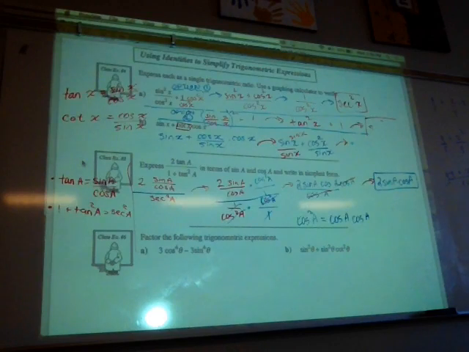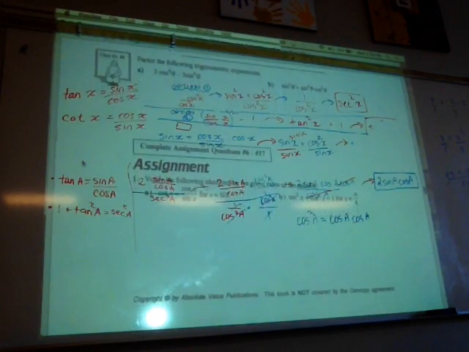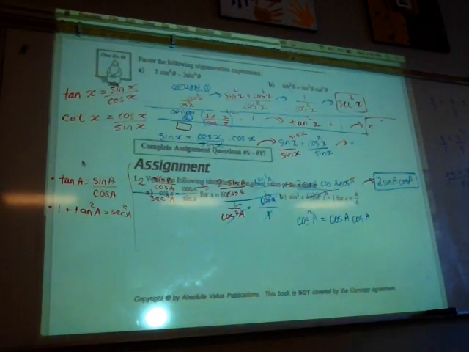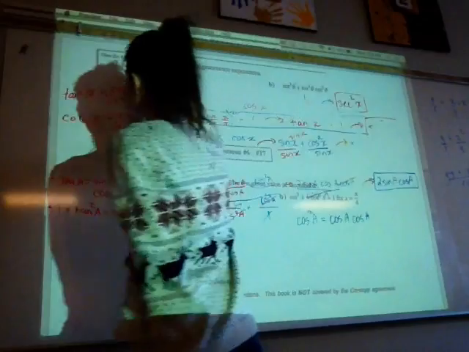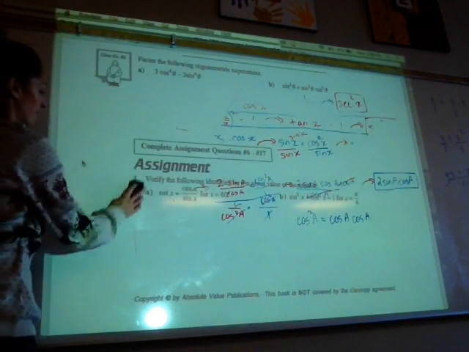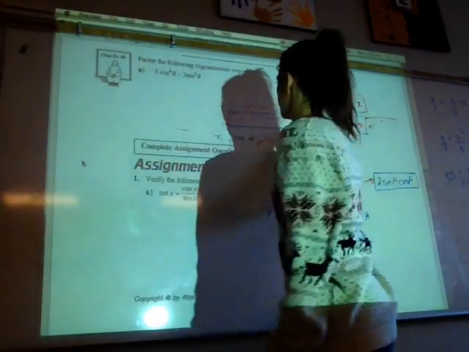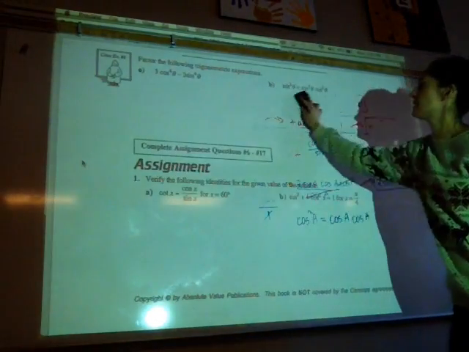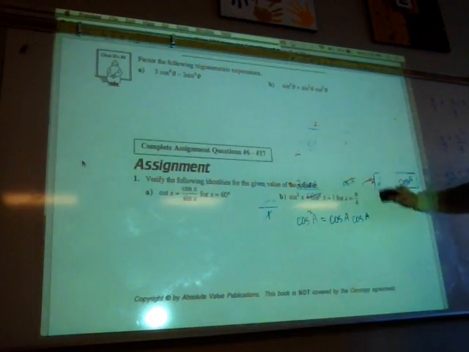So, other skills that will be necessary for next class tomorrow will be the ability to factor trig expressions. So it's important to remember all of our factoring skills, but now apply it to trigonometric ratios.